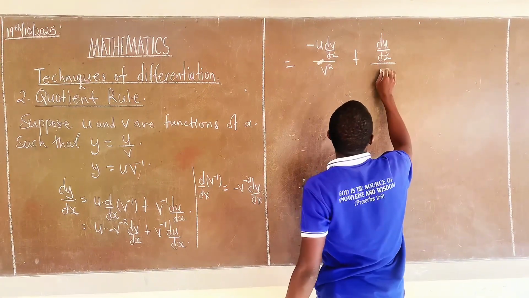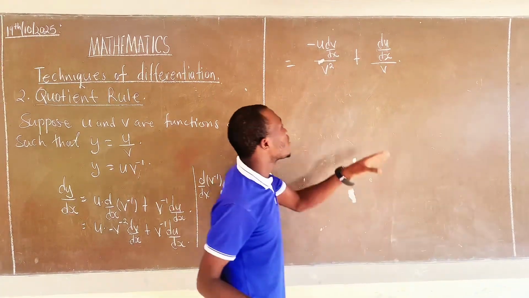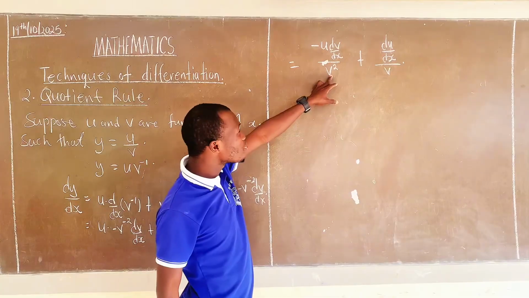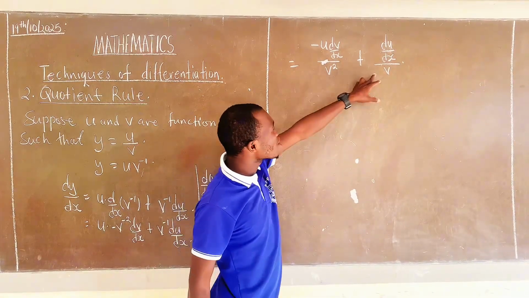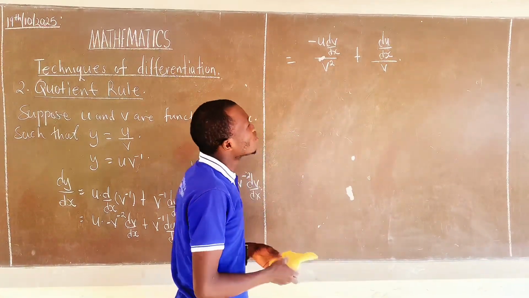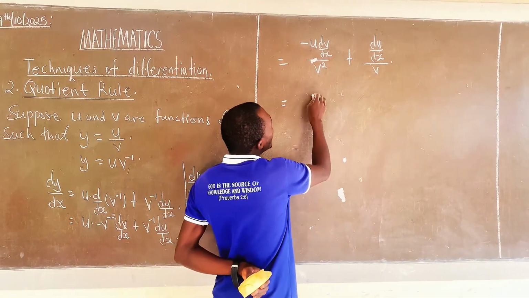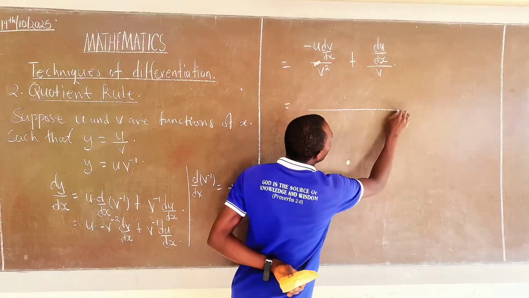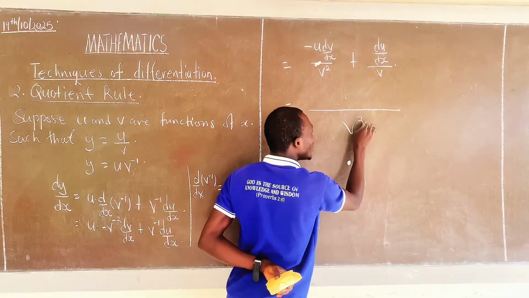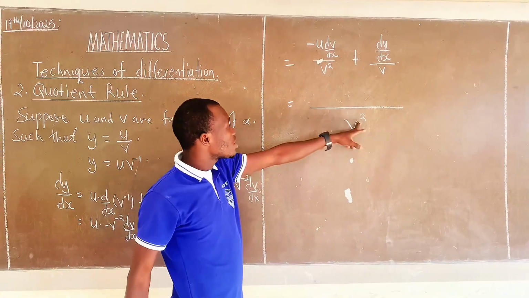Now when we get the LCM of these two, we shall see that the whole of our LCM is v squared.